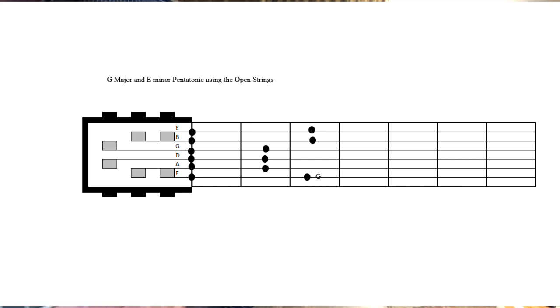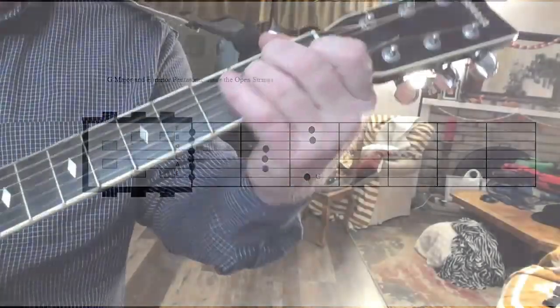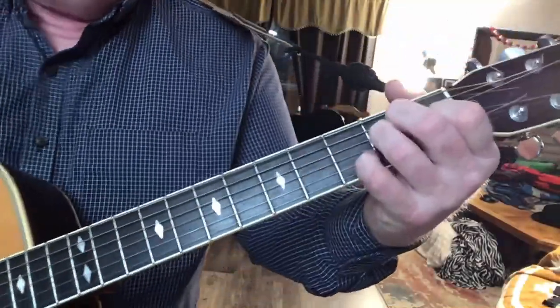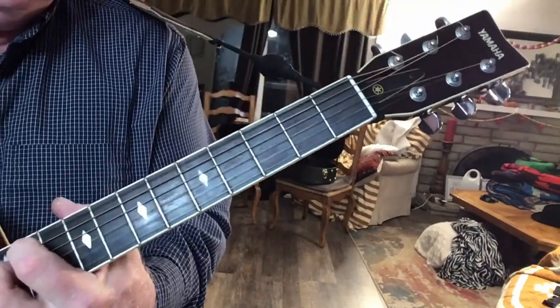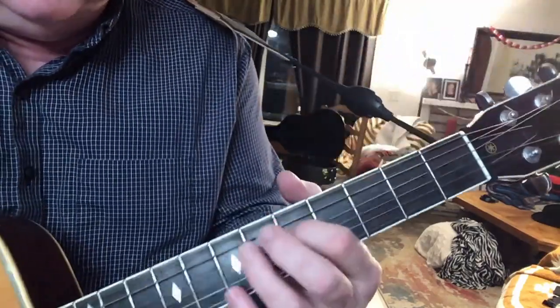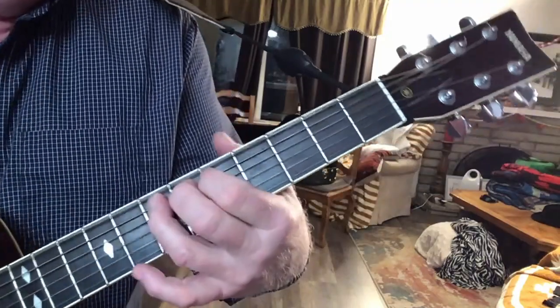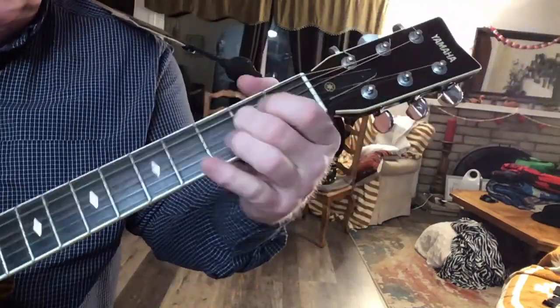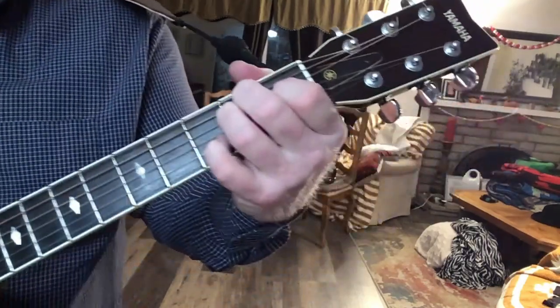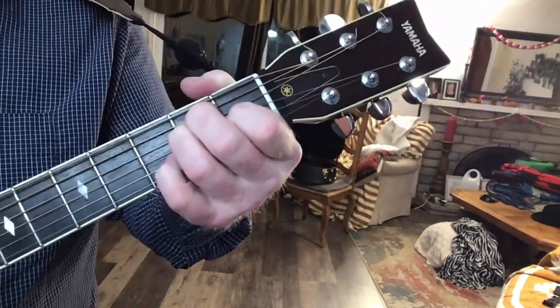And it's not only good for playing in G and E minor, but it's also great if you're playing an E7th, because when people are playing an E7, they use the pentatonic scale.